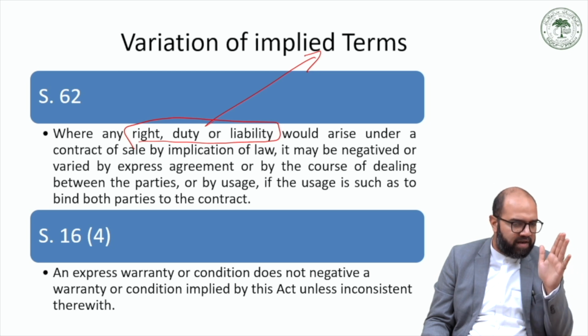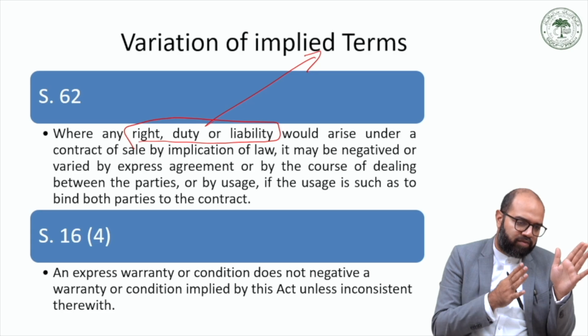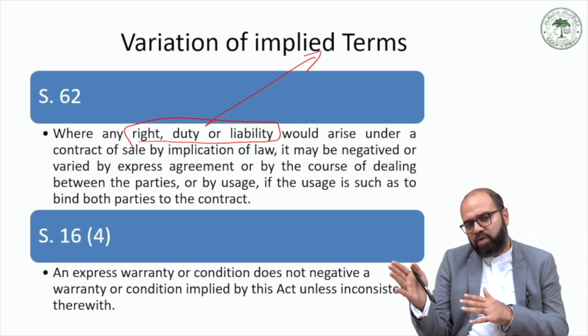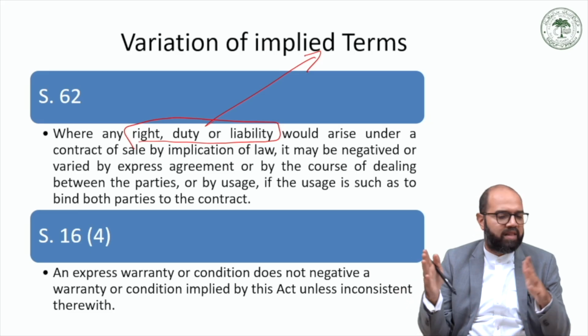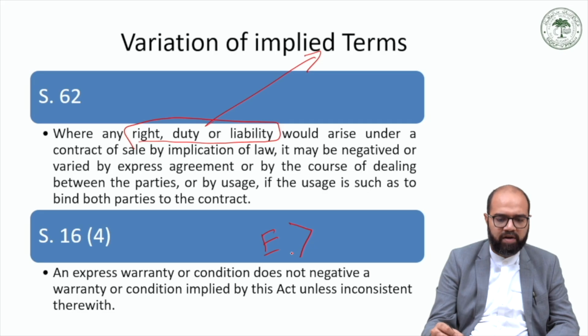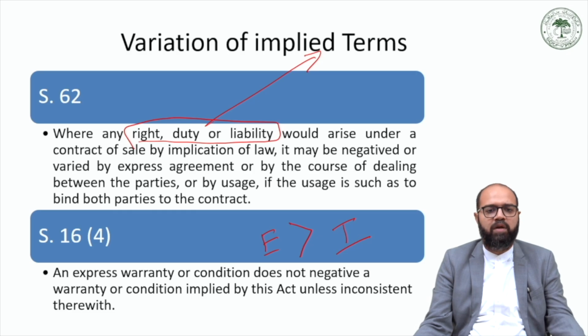However, if there is any contradiction or conflict between any express condition or warranty on one hand and implied condition or warranty on the other hand, then it is the express condition or warranty which is going to have an overriding effect, or it is going to prevail over an implied condition or warranty.